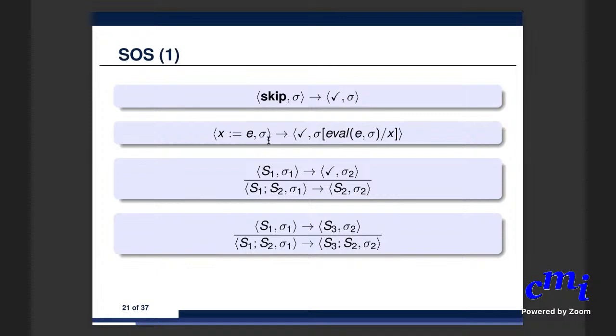The environment is updated, a new environment with X getting whatever value the result of evaluating E in that environment yields. That's what this is saying. Is that clear? And in this, E must evaluate to some value, right?